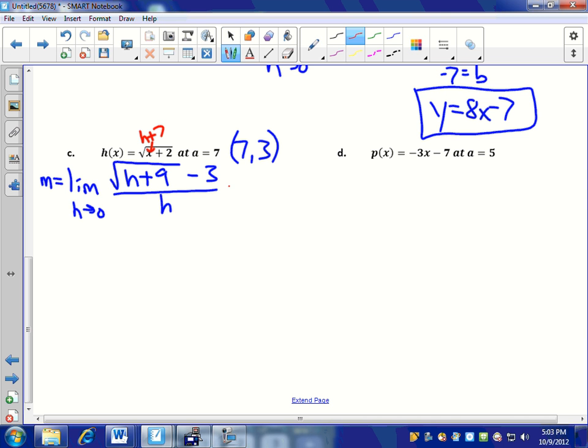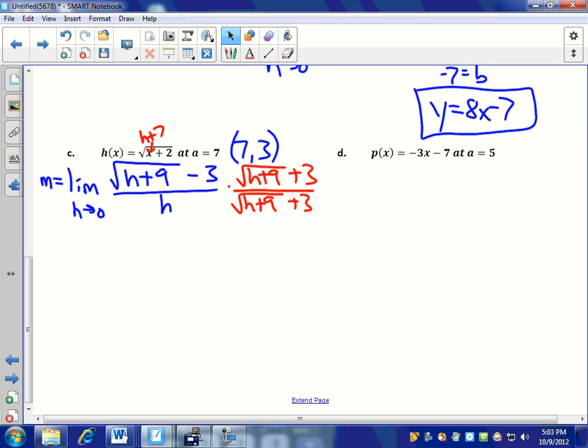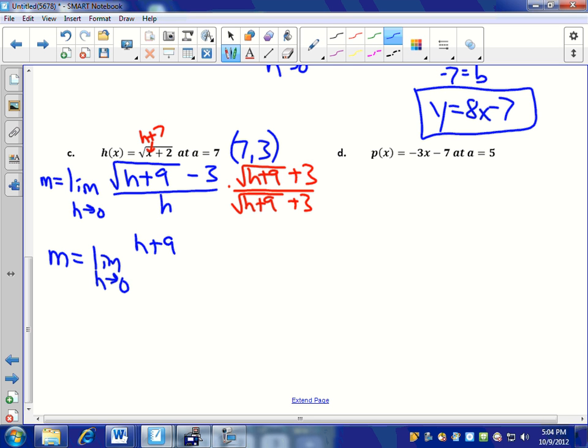You have to multiply by the conjugate: multiply by the square root of h plus 9 plus 3 all over the square root of h plus 9 plus 3. That works out pretty well. M is equal to the limit as h approaches 0 of h plus 9 minus 9 over h times the square root of h plus 9 plus 3.